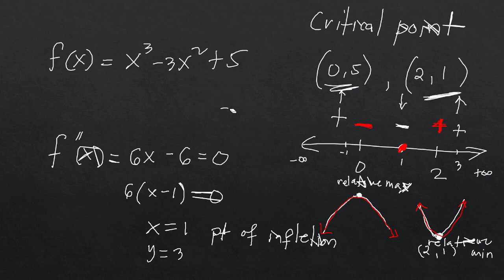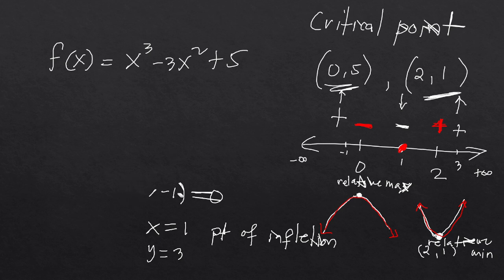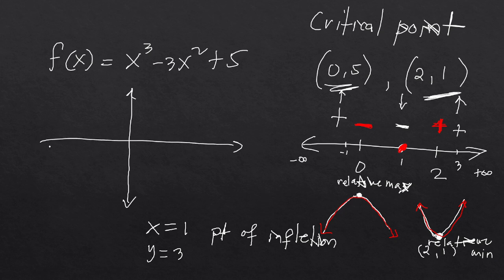let me erase it first. If we erase this, it will go like this. Wait for a while, give me a few seconds. Okay, here. So let us have a Cartesian coordinate plane here. First, what we will do is locate our critical point that we have, the 0, 5.